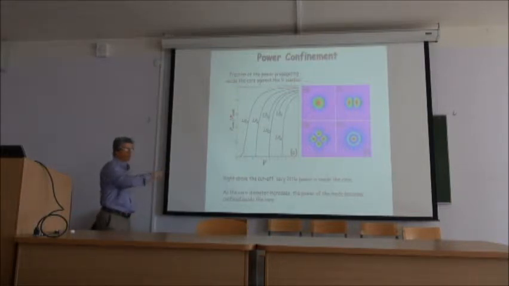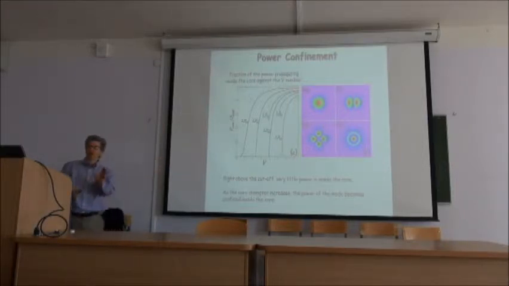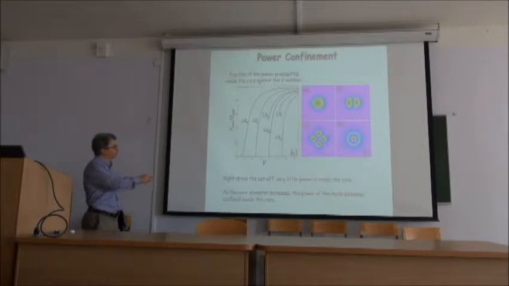It grows from zero as you increase the diameter, as you increase the V number, and the power starts getting confined inside the core. When the V number is sufficiently large, well above the cutoff, you see all the power inside the core. But at the very beginning, right above the cutoff, most of the power is still outside the core.